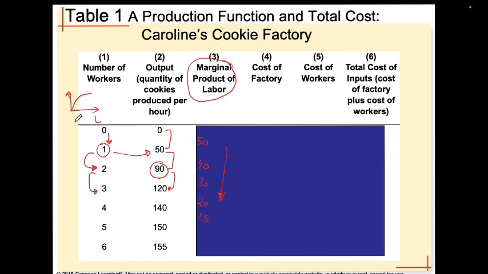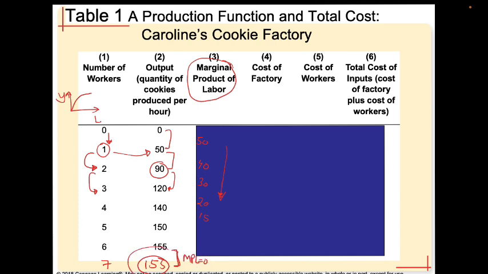Because when you add new laborers, output increases by a smaller amount, the production function flattens. And eventually you'll come to a point where adding the next person, the seventh person maybe, will not result in output increasing at all, because the marginal productivity of labor is going to be zero.